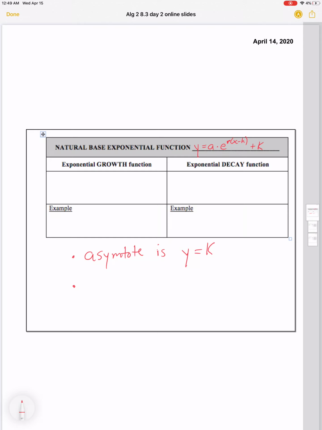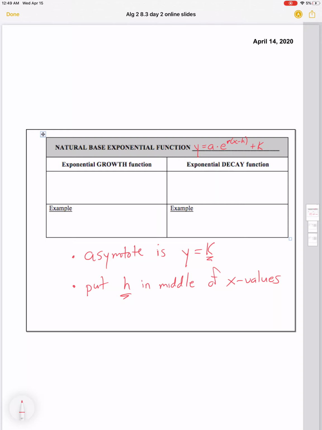And the second thing I want to add before we move on is put h in the middle of the x values. So h and k are going to be used in our graphs.